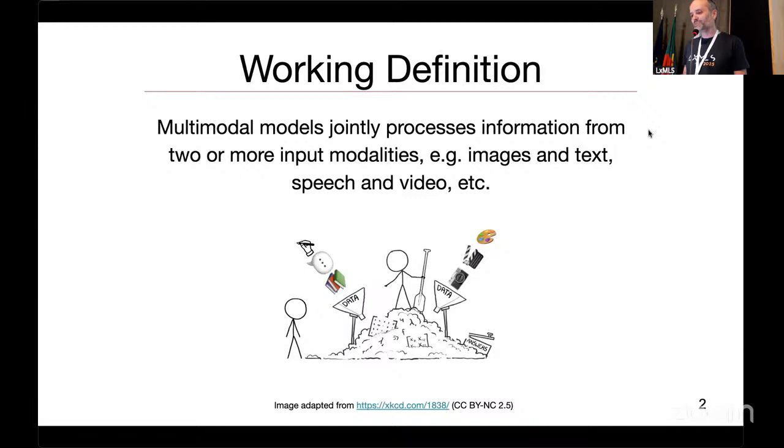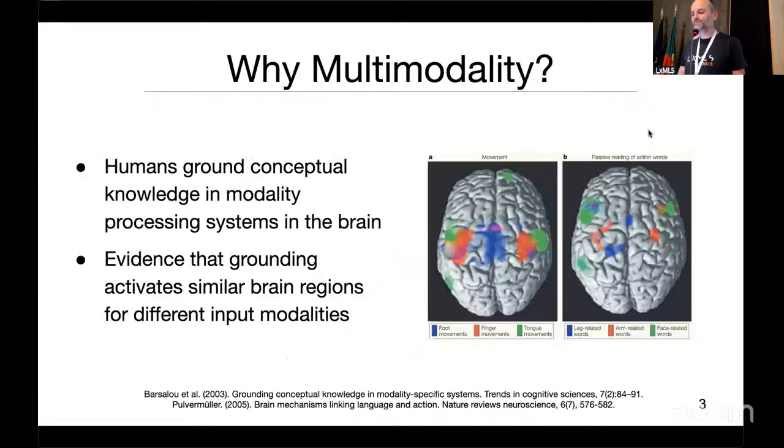But why would we be interested in multimodality? It's because there's quite a lot of evidence about how humans ground conceptual knowledge in modality-specific and modality-shared processing systems in the brain.